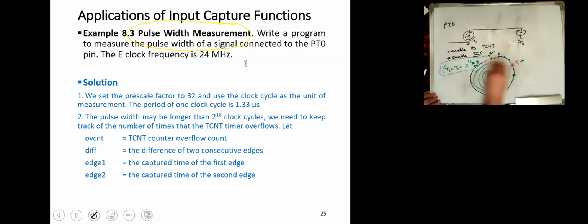So this is in case T2 is always greater than T1. If T2 is greater than T1, then to take the difference, we multiply 2 to the power 16 by the number of times the timer overflowed. Now let's consider this scenario. If the counter continues, it overflows 1 time, and this is T2. Now T2 is less than T1, right?